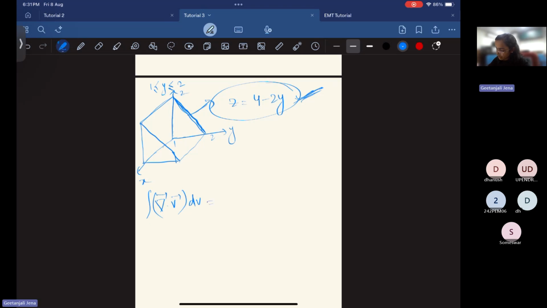So this will give the triple integration: 2y z cube plus 1 plus x square, dy dx dz. And the z limit should be from 0 to 4 minus 2y, the y limit 1 to 2, and the x limit is from 0 to 2.